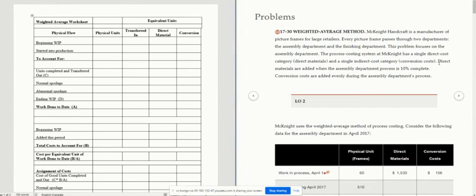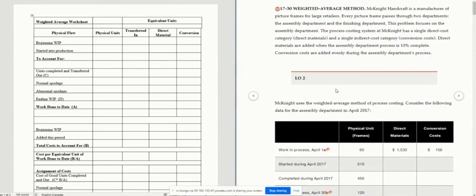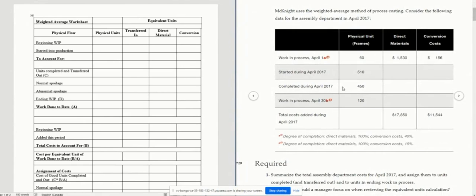And materials are added at the 10% point. I'm not sure how they could start the process without the materials, but let's take them at their word. We're off to the races.